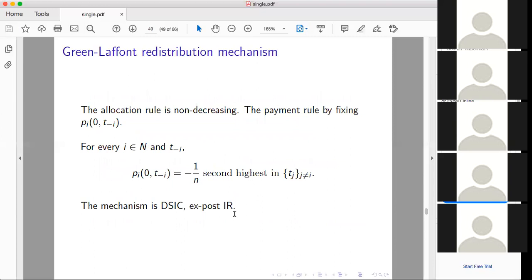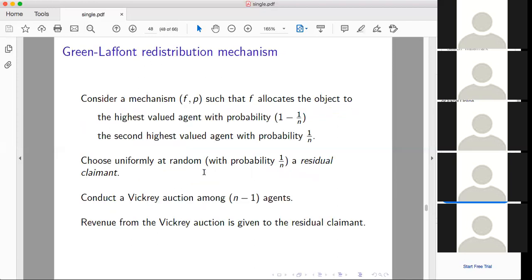I'm going to tell you what the payment looks like by specifying pi 0 of t minus i. It is exactly what we had chosen in the earlier mechanism: minus 1 over n times the second highest of the tj's. The way to interpret this 1 over n is the probability with which you are becoming a residual claimant.